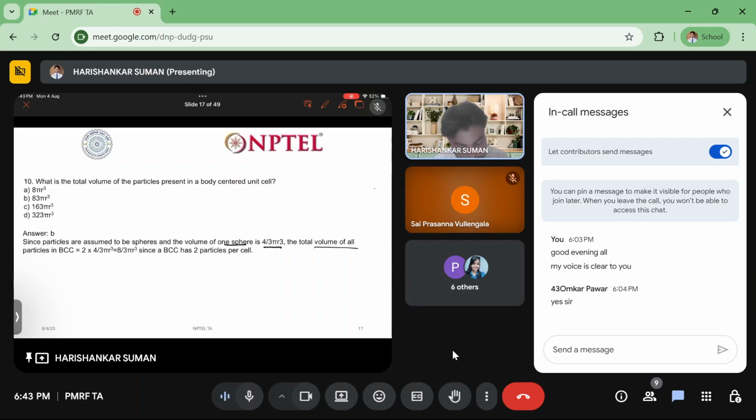The total volume of all particles, we have 2, so, oh, this is 8 by 3. Here is the mistake. Here it is 8 by 3, please correct it.